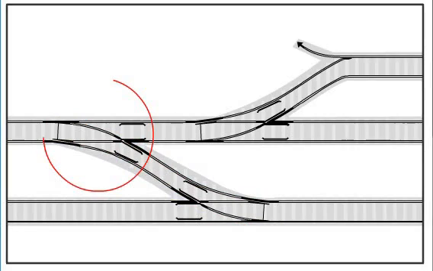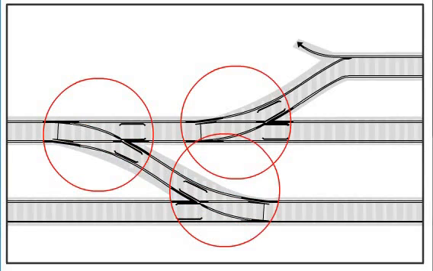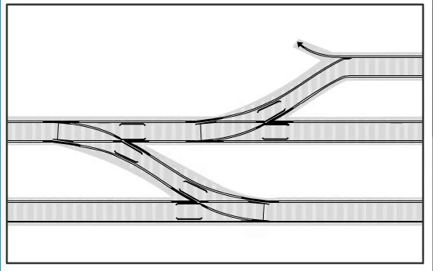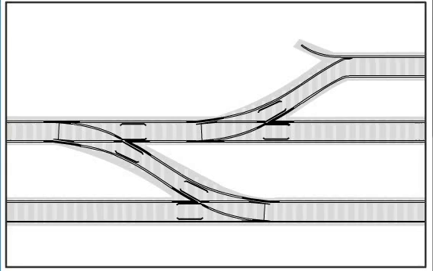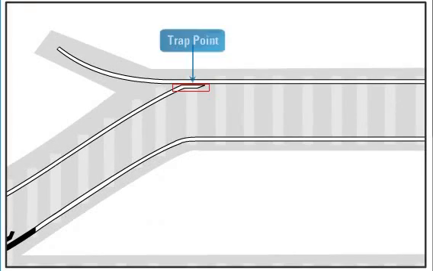Turnout. This is an arrangement of points and crossings with lead rails by means of which rolling stock may be diverted from one track to another track in facing direction. According to the direction of movement of trains, the turnouts are classified under two types: left-hand turnout, right-hand turnout. Trailing switch or trap point.